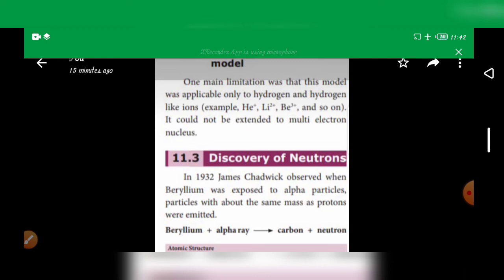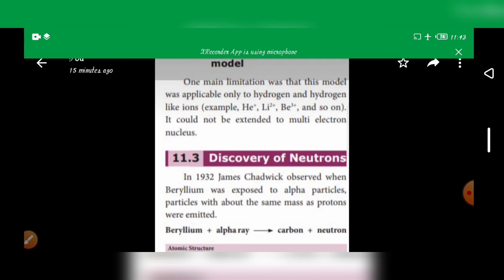Discovery of neutrons. Neutrons were discovered by James Chadwick in 1932, observed when beryllium was exposed to alpha particles. The same way, in Rutherford's experiment, the alpha particles were bombarded on gold foil.